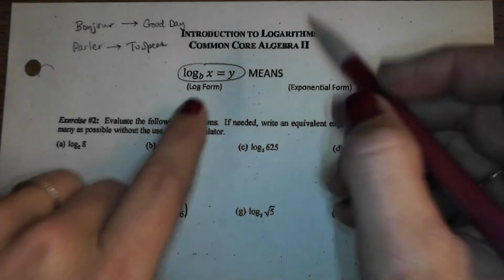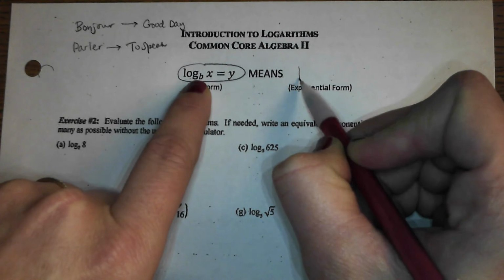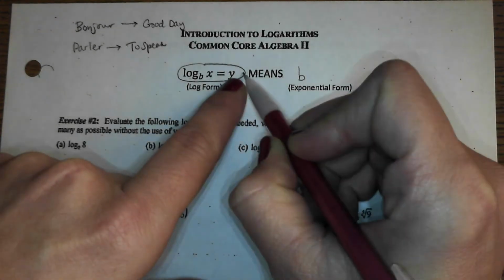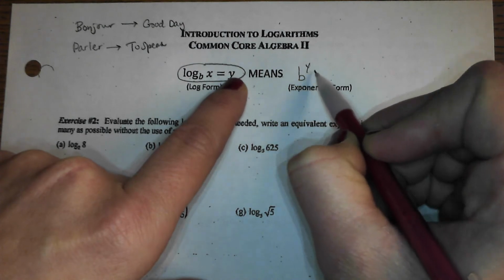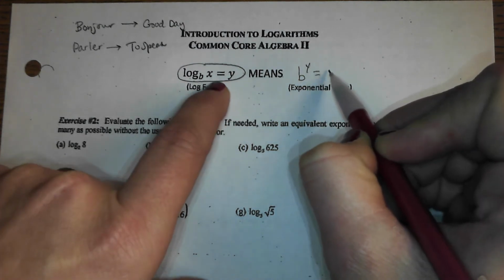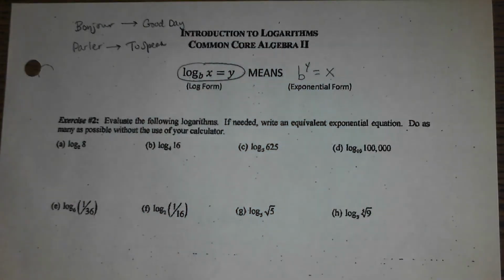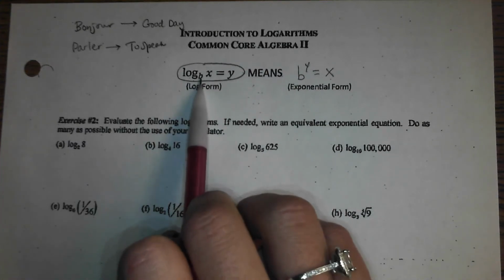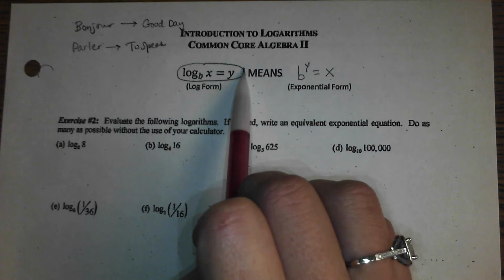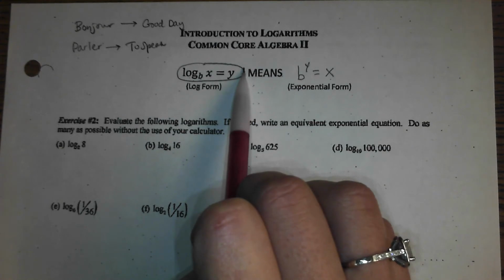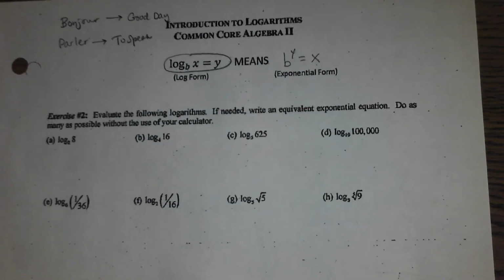What it means is that base of b raised to the other side equals whatever's in the middle. So your base of your log becomes the base of your exponent. That's a nice transition because they're both the bases. But you take the base of your log and you raise it to the other side, and it equals what's in the middle.